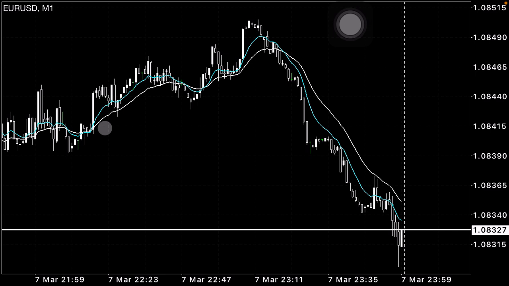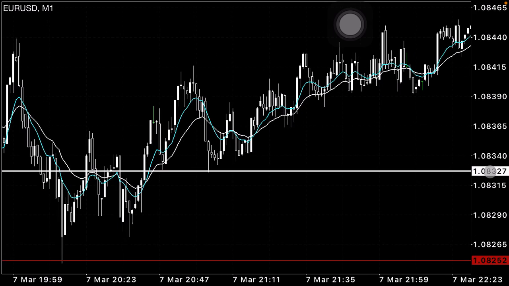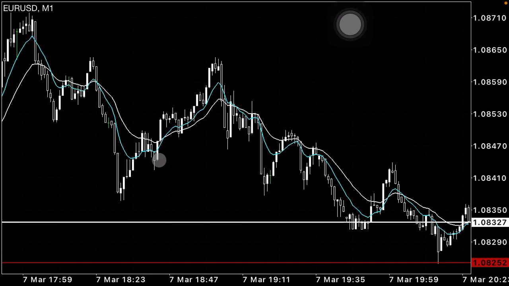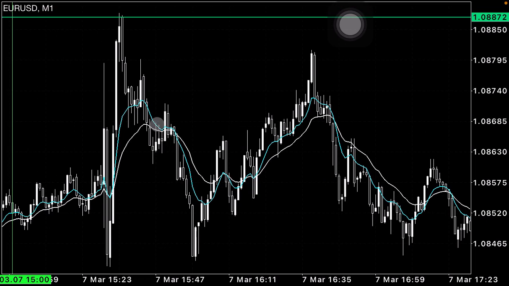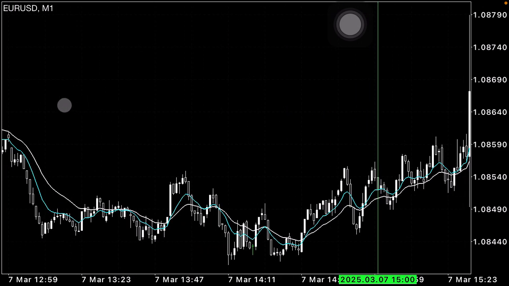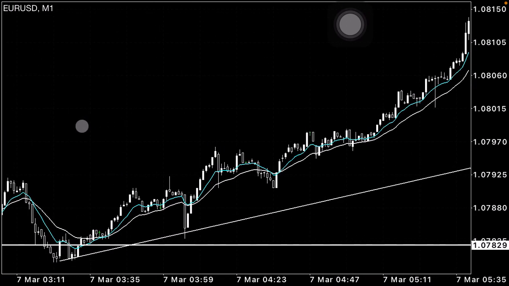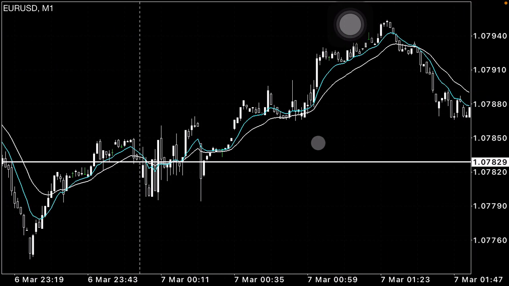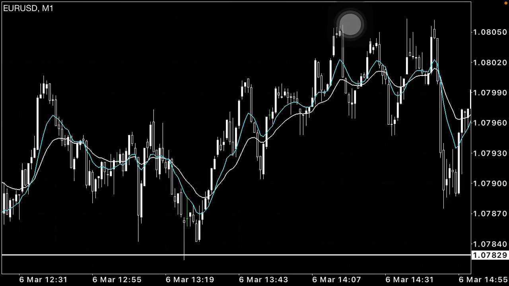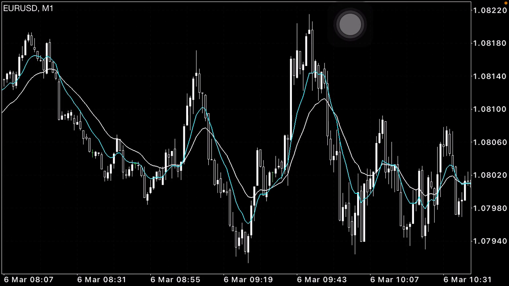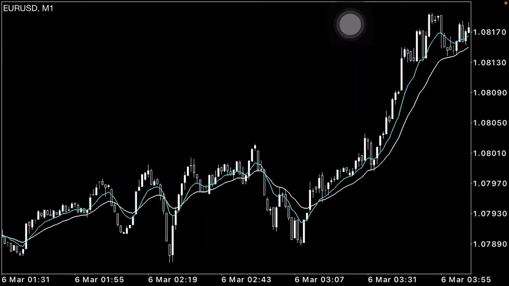Now, this is the MT4 platform. So it has to go all the way back. There's March 6th at the bottom of the screen.